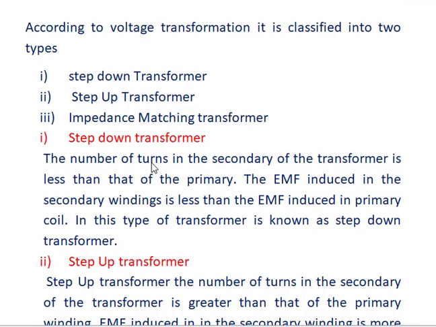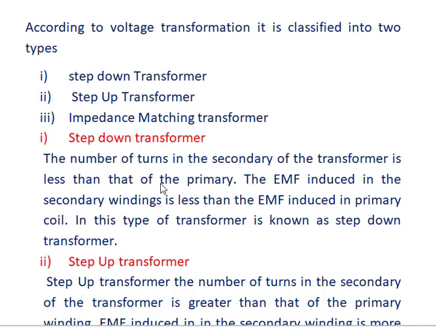Step down transformer. In this step down transformer, the high voltage AC is reduced into low voltage AC. The number of turns in the secondary of the transformer is less when compared to the number of turns in the primary.